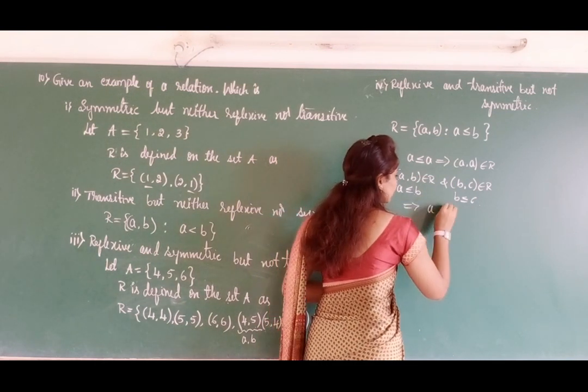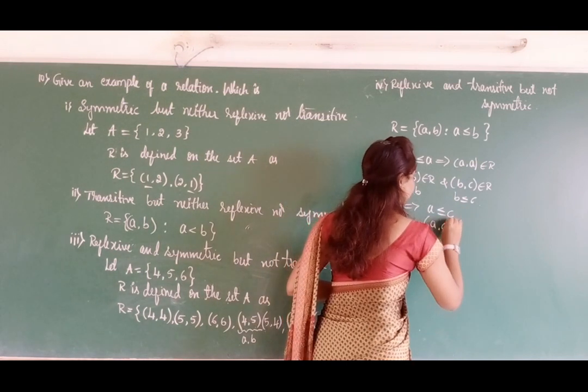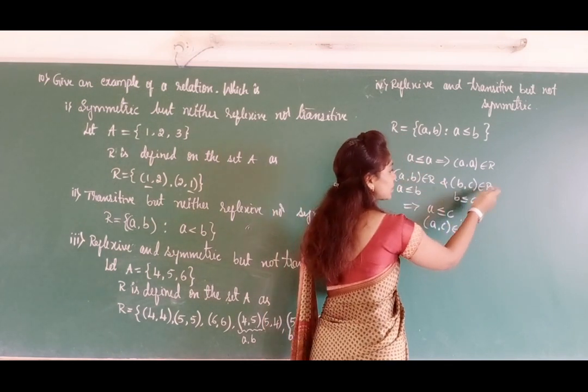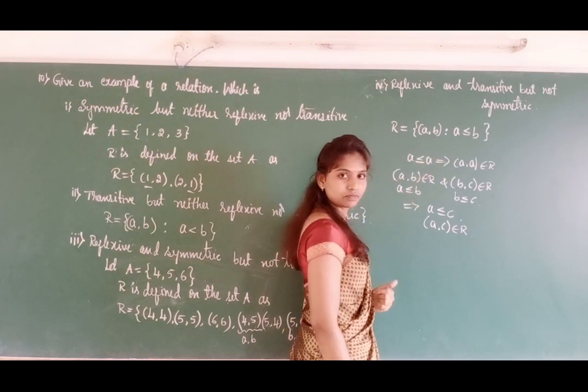A is less than or equal to C. A is less than or equal to C means ordered pair (A, C) belongs to R. First we take AB belongs to R, BC belongs to R, then we prove AC belongs to R. That's why this is transitive.